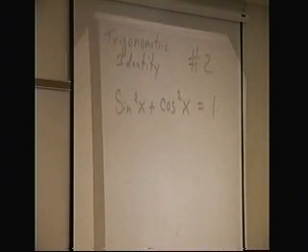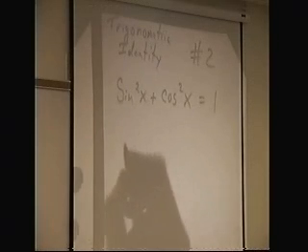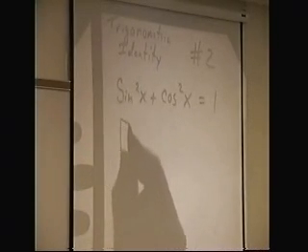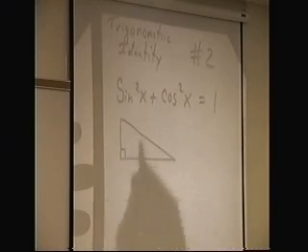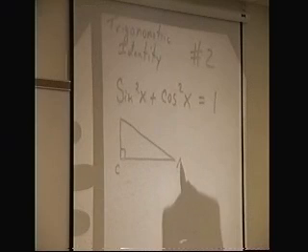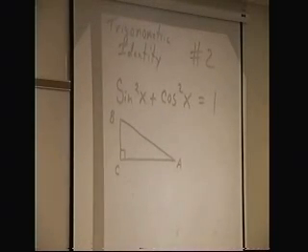To prove this, you need the Pythagorean theorem. And for that, I'm going to need a right triangle. So draw your right triangle again, and then write the Pythagorean theorem. Make sure you label your sides.